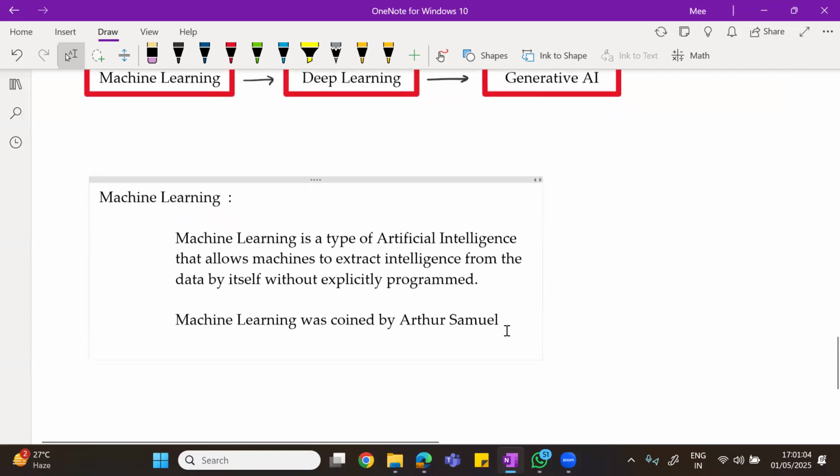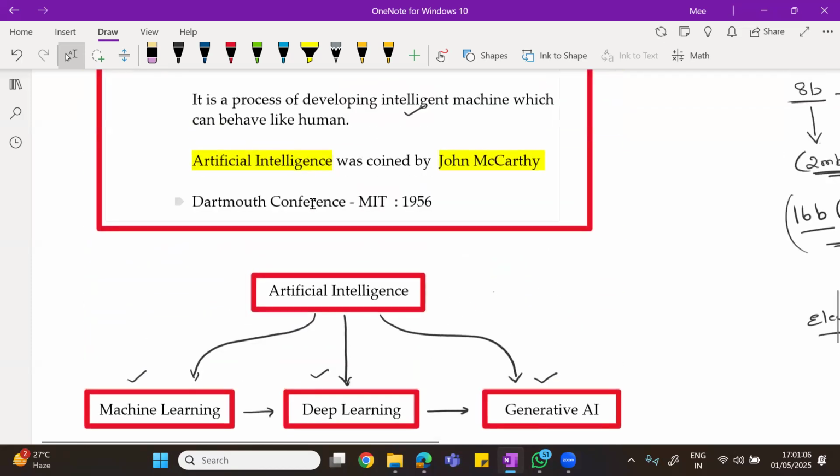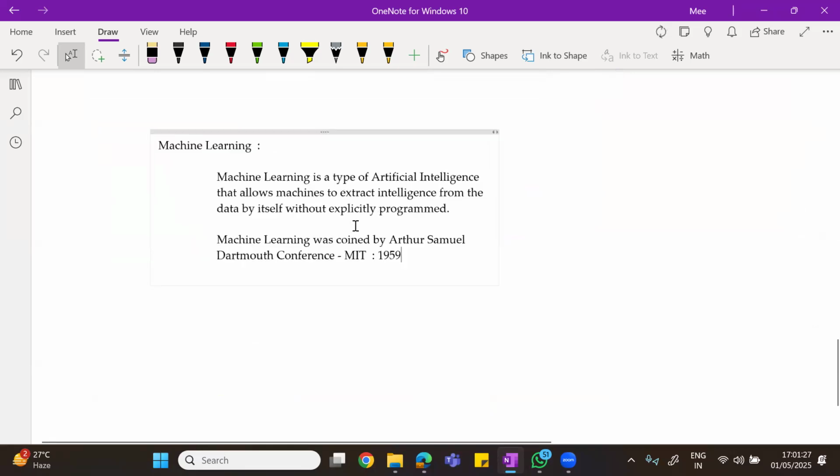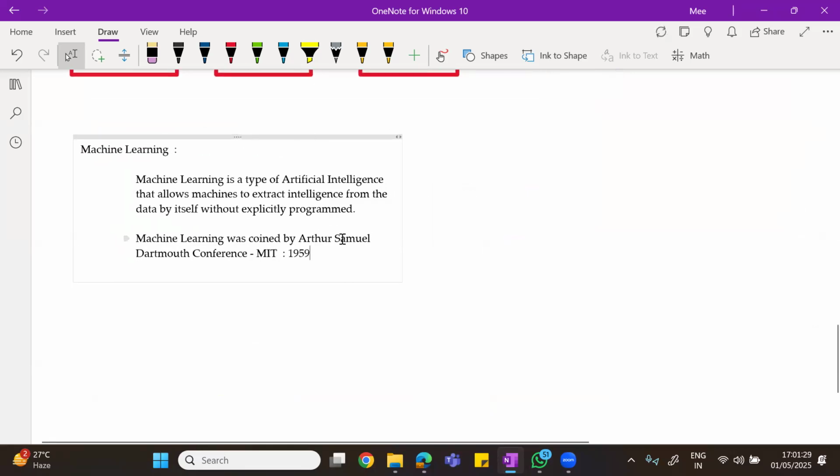It was again at the Dartmouth conference, but the year was 1959. On a yearly basis they were conducting the conferences, and it was the Dartmouth conference of MIT in 1959.